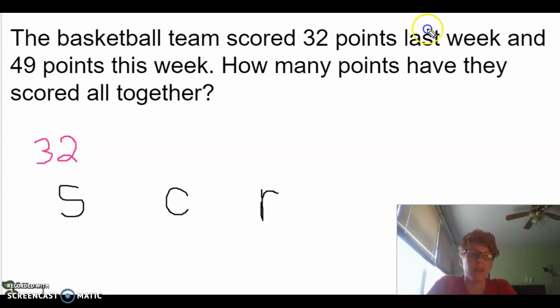How did it change? Well, they got 49 points. It says and 49 points. That means and is adding: 32 plus 49, and we want to know how many points they've scored all together, which equals the result. P for points. So 32 plus 49 equals P.